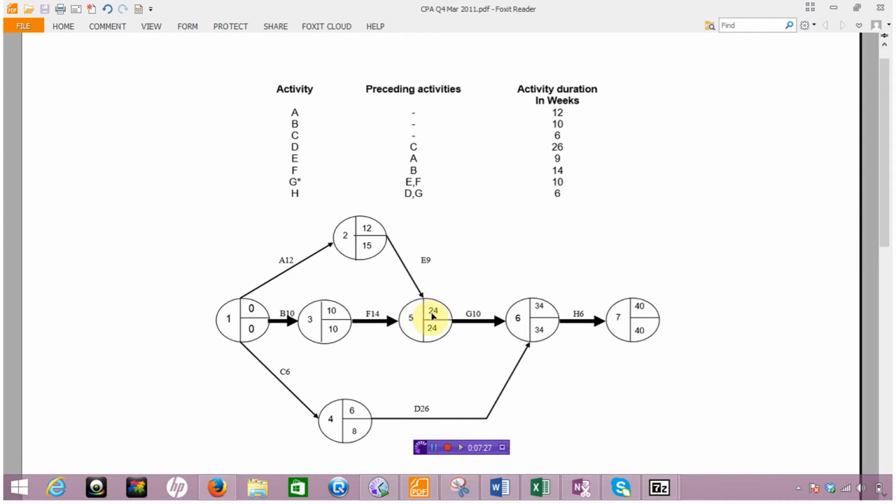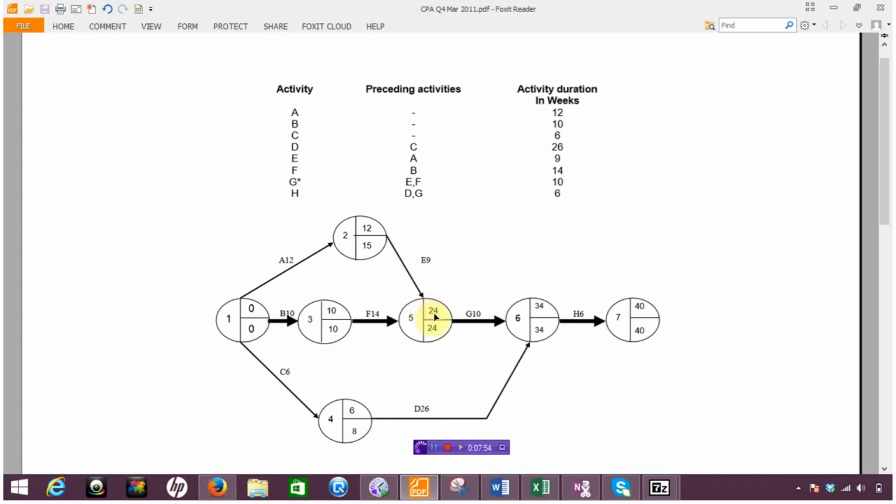Now bear in mind what we're looking for here is the highest number that we can get. So if we draw out a line from point number 2, showing E, and also draw out a line from point number 3 showing F, what we'll see is that if we add in 12 plus 9, we're going to get a 21.